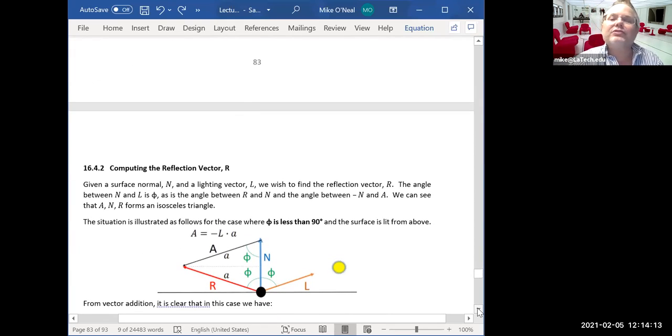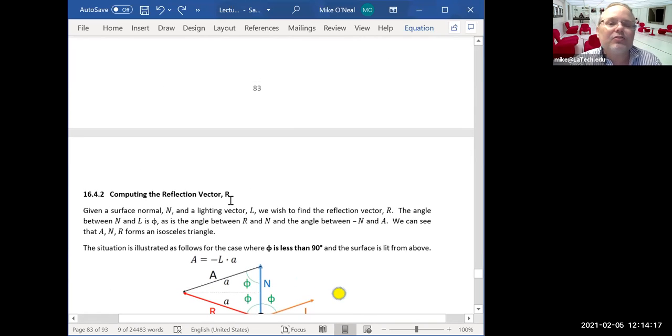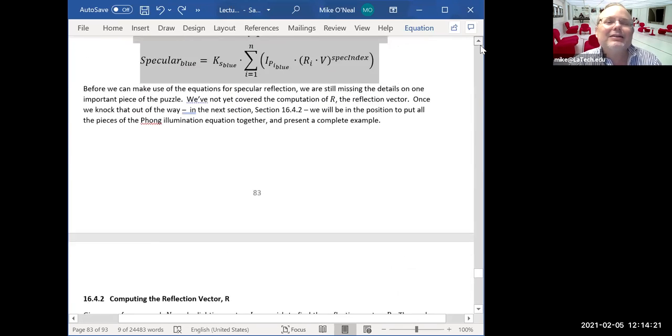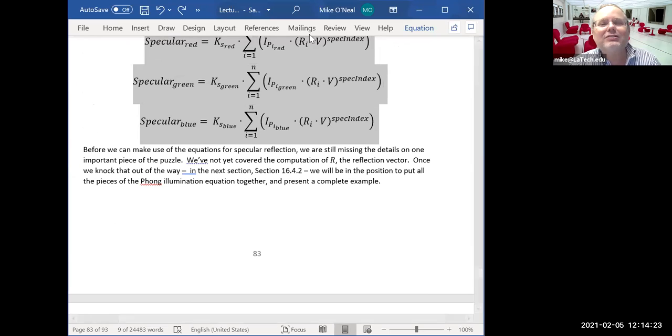The last thing we're going to have to do next time, on Monday, is compute the reflection vector. I didn't show you how to do that yet. I've given you all the equations, and you see that you're going to have to use the reflection vector, but I haven't told you how to compute that yet. We'll compute that next time, and then I will work through an entire example where I'll give you the code.